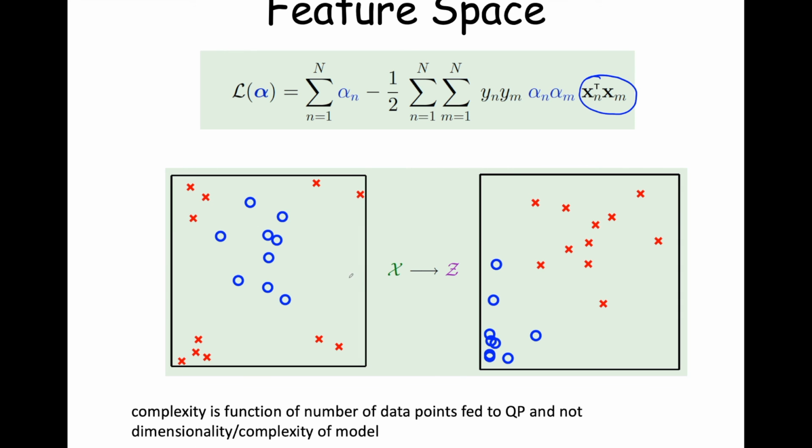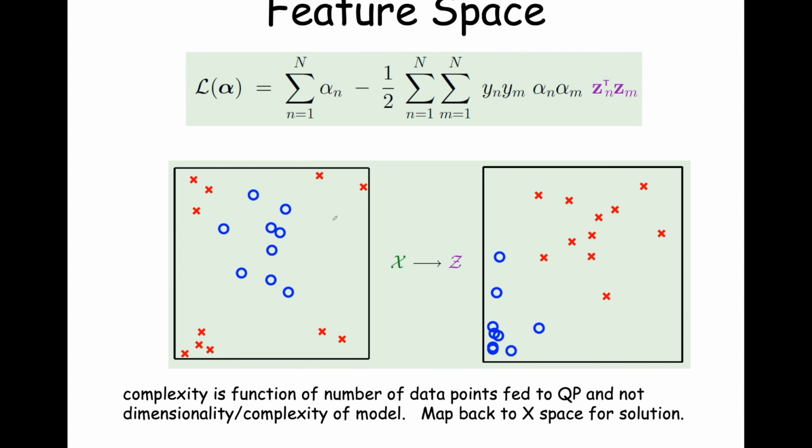If we compute our phi function to carry our decision boundary, our hyperplane, from original input space to some high-dimensional z space, all we're doing is computing phi on xn transpose and phi on xm. So the only difference between a hyperplane, a linear model, in input space and feature space is the definition of inner product. It's now an inner product in z space.